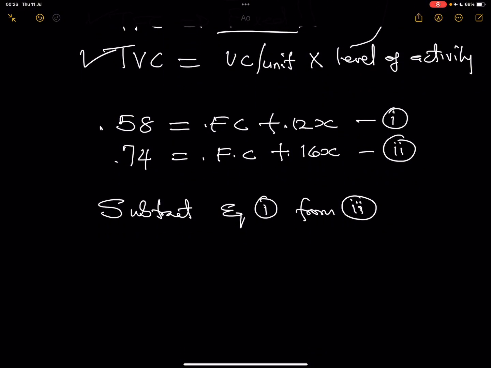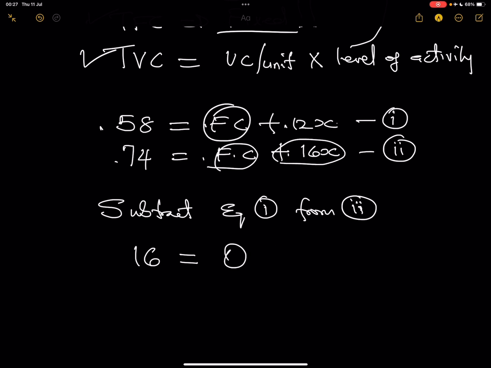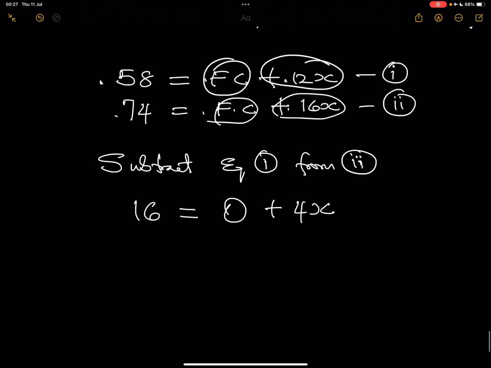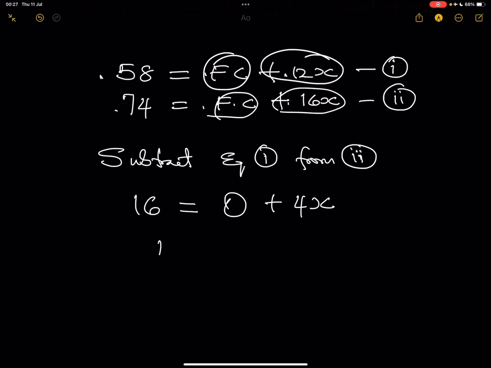So 74 minus 58 will give us 16, equals fixed cost minus fixed cost, which gives us 0. Then 16X minus 12X gives us plus 4X. The equation is simplified: 4X equals 16.